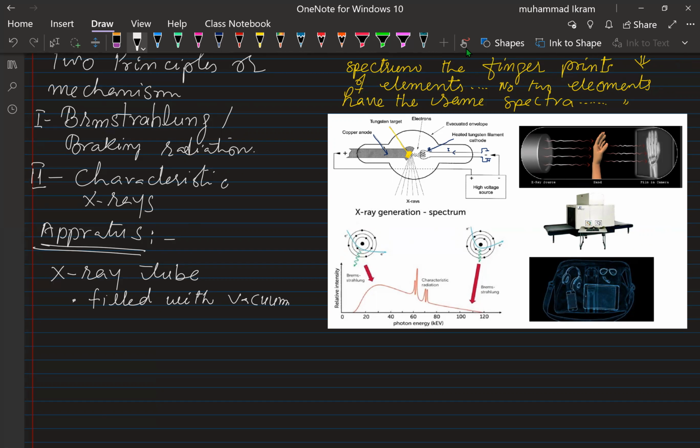Now, as I told you, the working principle is based on the Bremsstrahlung radiation, that is, accelerated charge. The very simple working principle is that whenever charges are accelerated, EM waves are produced in that region.